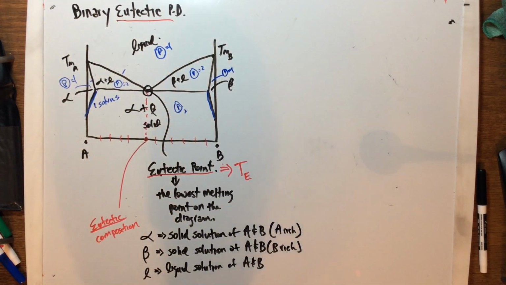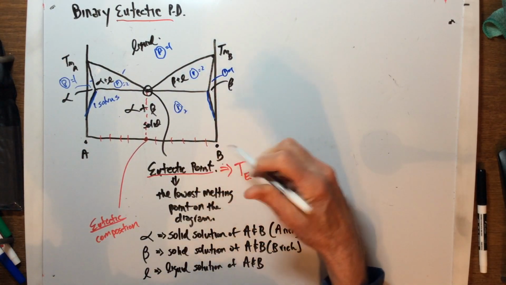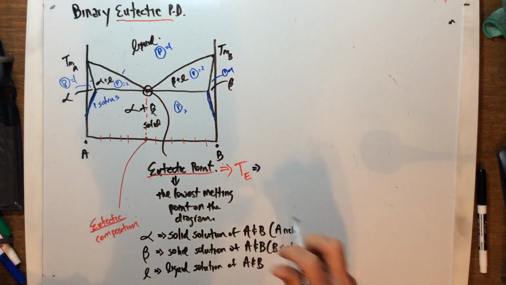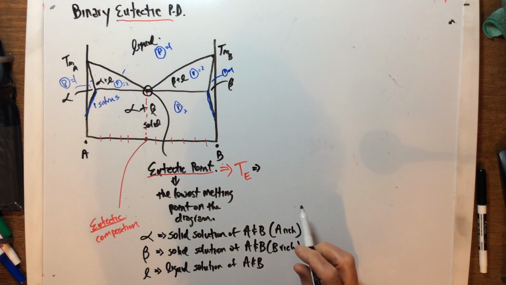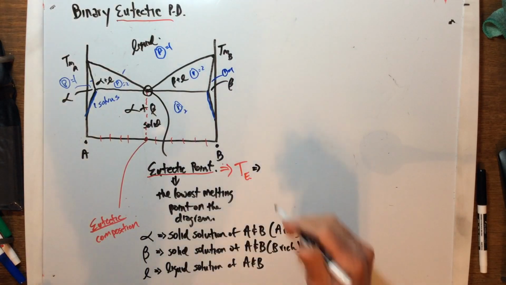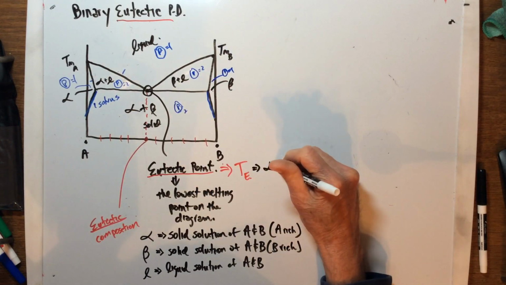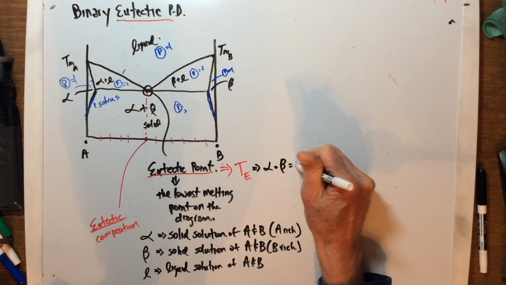Now again, this point, this eutectic point, which also obviously equals the eutectic temperature, is like a triple point because now we have equilibrium, and at this point we have alpha equals beta equals liquid.